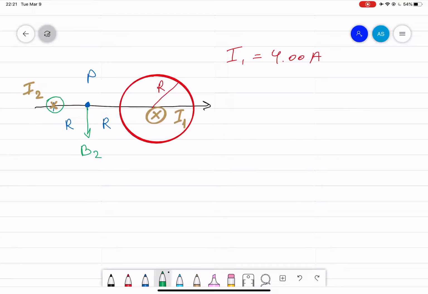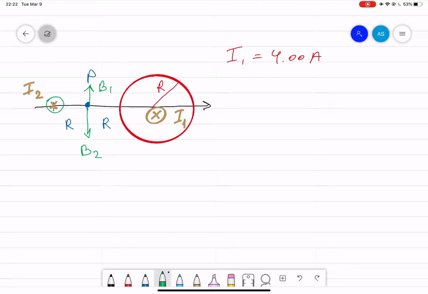Whatever is downward, I would say is negative. Current 1 will create a magnetic field at point P which is upwards, so I call this one B1.